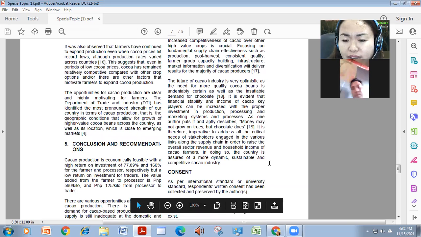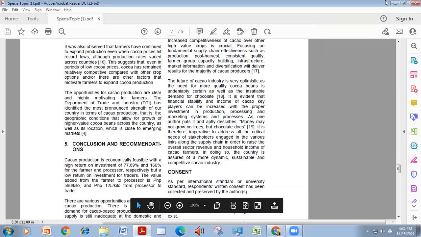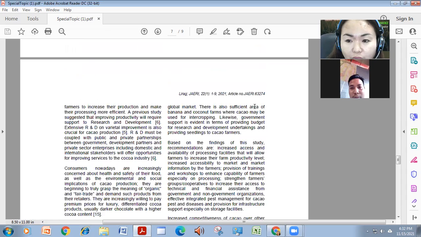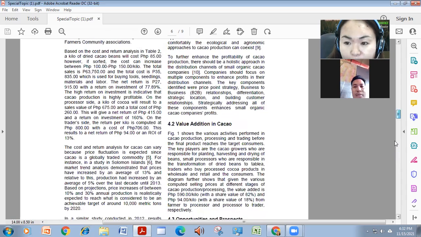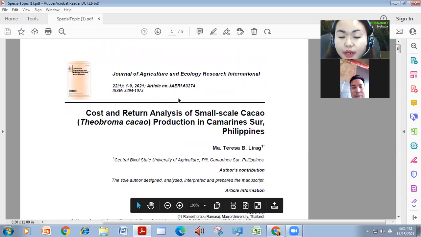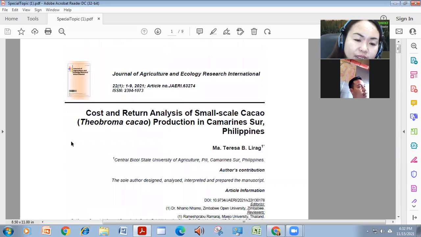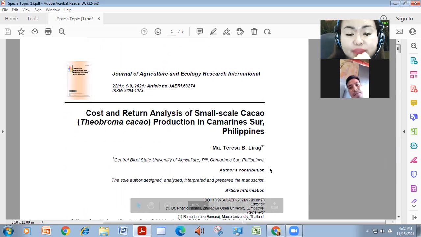Do you have more questions or clarifications? You can actually follow the same methods, the same research, but you can have, for example, cost and return analysis of small scale cacao production in some other places, aside from Camarines Sur or the Philippines.